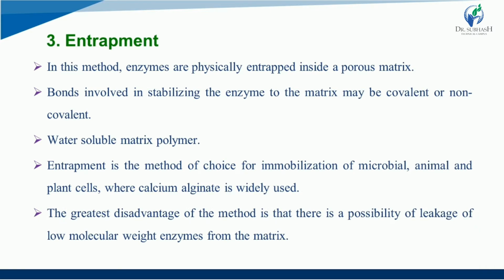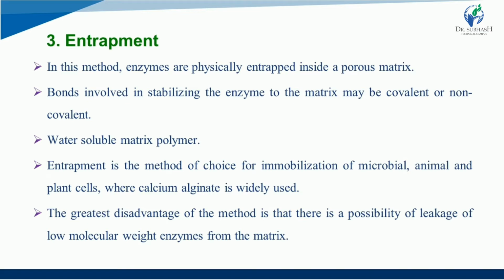The greatest disadvantage of this method is that there is a possibility of leakage of low molecular weight enzyme from the matrix. So this is the only disadvantage that you can see, that low molecular weight enzyme can leak from the matrix.